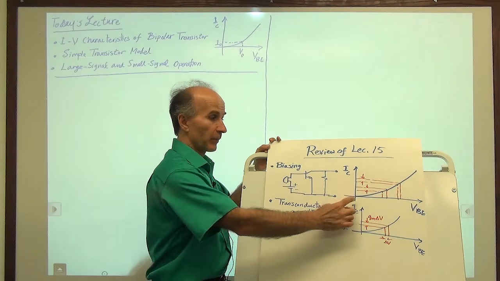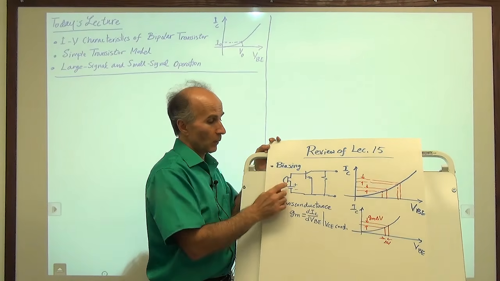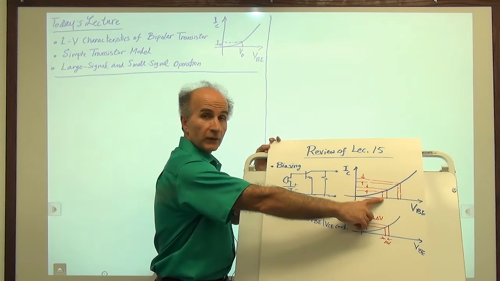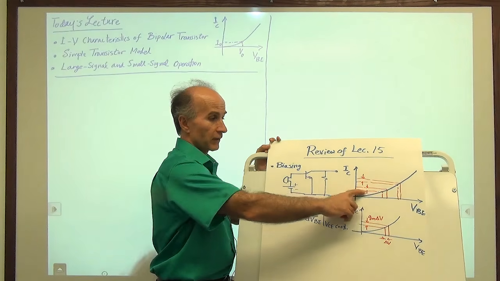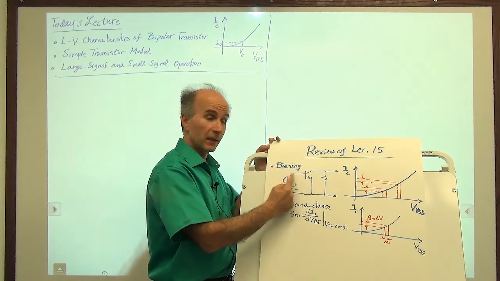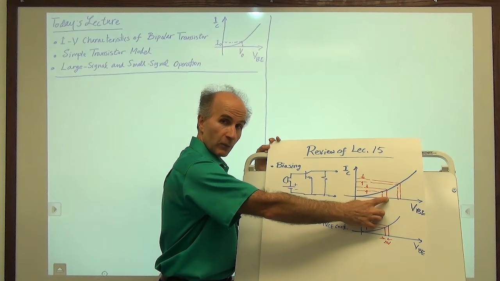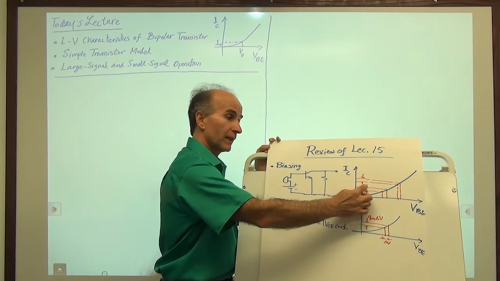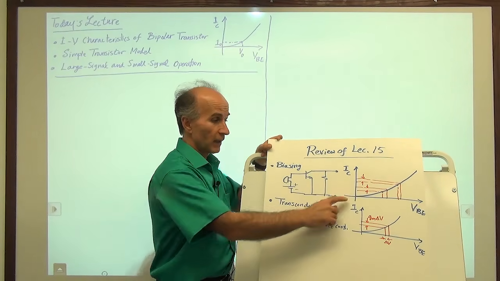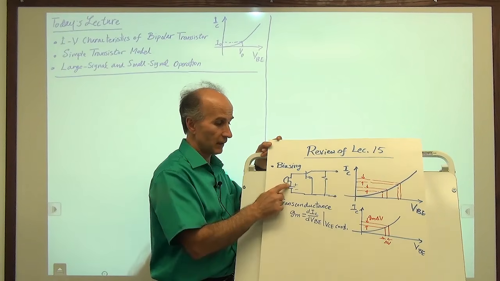Now we are not operating here anymore, we are operating here. When there is no signal from the microphone, the base emitter voltage is a certain amount and the current is a certain amount. When the signal comes in, we increase or decrease the base emitter voltage by some amount, and we create a current change.